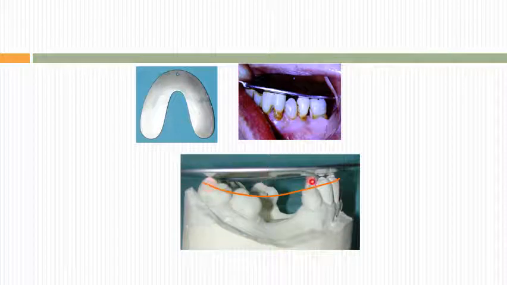When this metal frame is adapted to the occlusal surface, you see that the occlusal plane of the lower teeth is curved, while the upper is not in complete contact with the metal framework. So this case has an occlusal discrepancy, and it needs correction before starting to construct a complete denture.